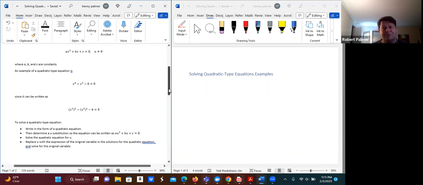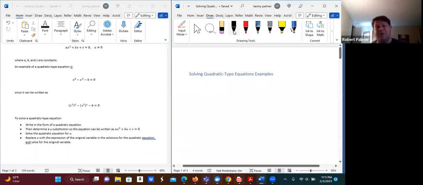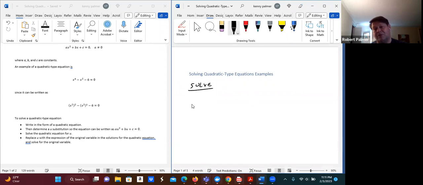Okay, let's explain how that works. Let's just start over here with that example. Directions will be to solve. So number one: x to the fourth minus x squared minus 6 is equal to 0.